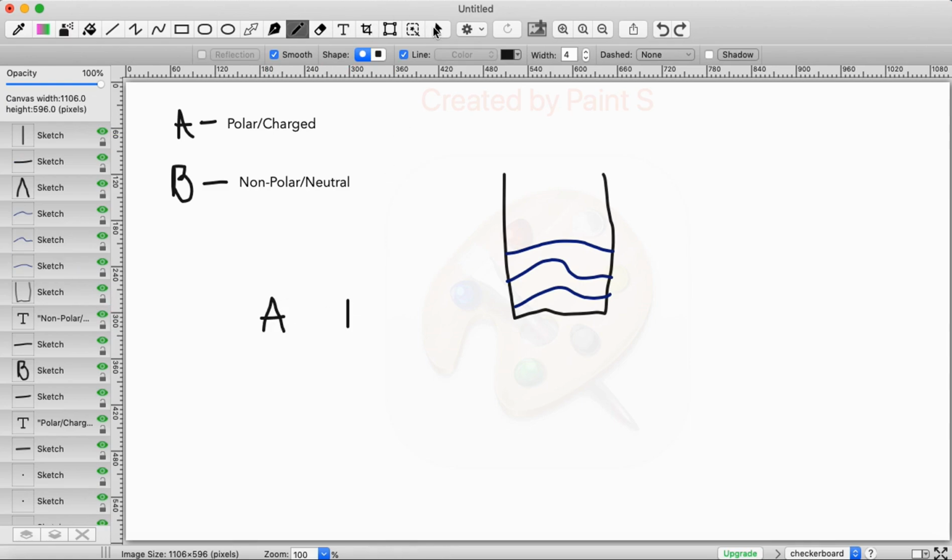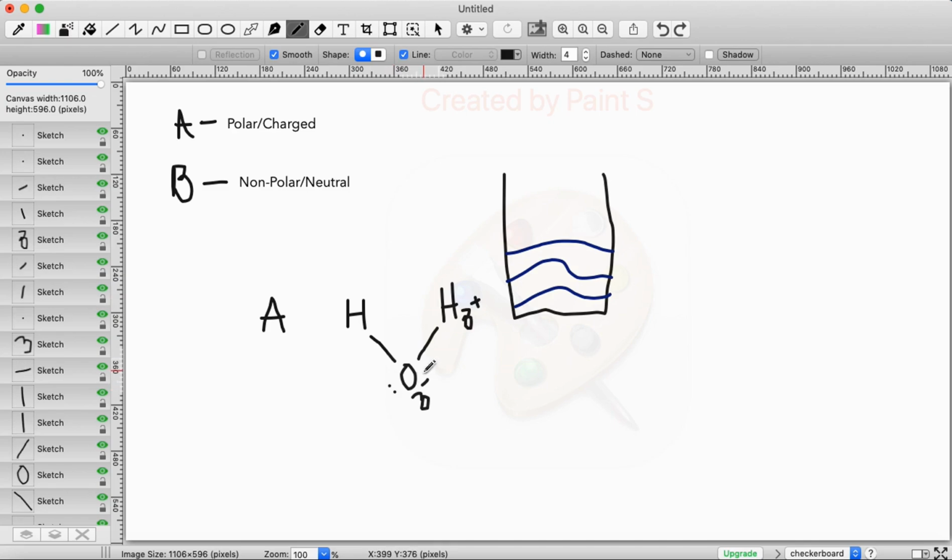So that's A. And then when we draw water, it looks like H, O, H, right? And then this means partial negative. And the reason why you're getting this is because the oxygen, right, these are lone pairs, loves to pull the electrons from hydrogen.